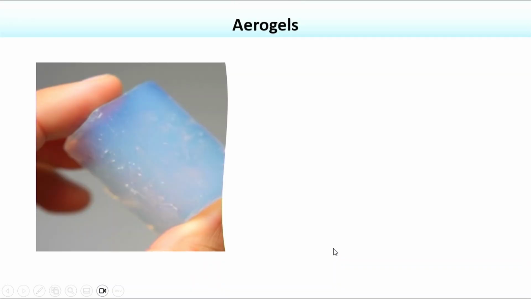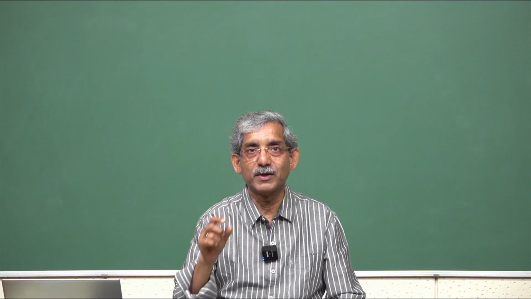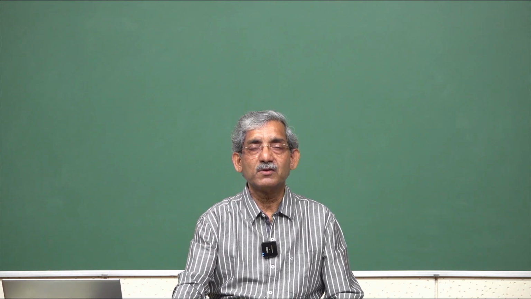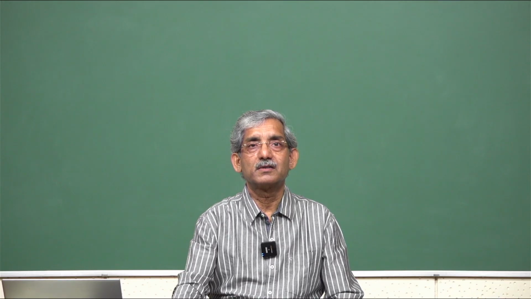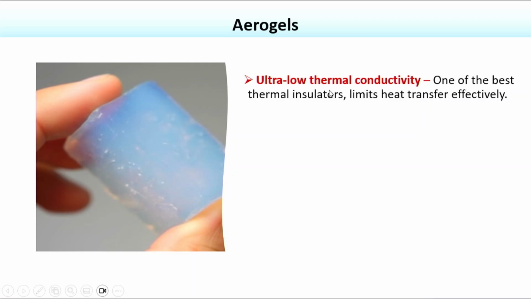Next is the incorporation of aerogel within the fabric structure. Aerogel has ultra low thermal conductivity. It is one of the best thermal insulators and limits heat transfer effectively within the structure.